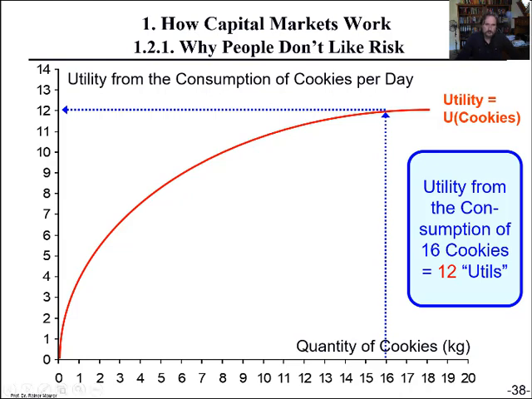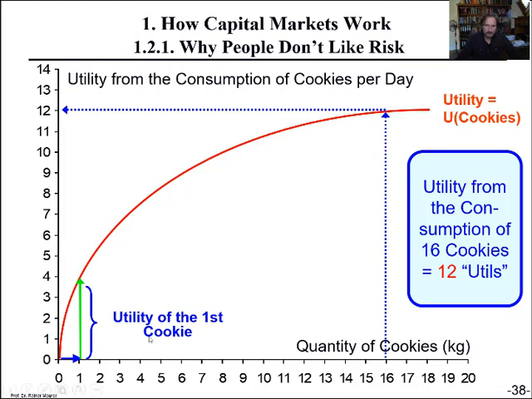The first kilogram of cookies provides, according to this shape, a relatively high increase of utility. From 0 to 1 kilogram of cookie consumption, we have an increase of nearly 4. So this is the additional utility provided by the first kilogram of cookies.